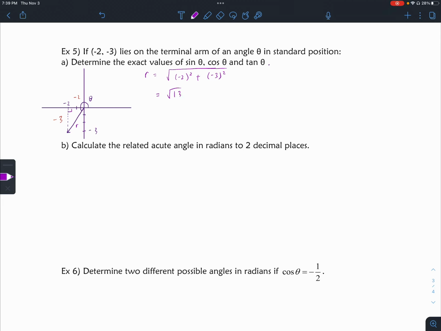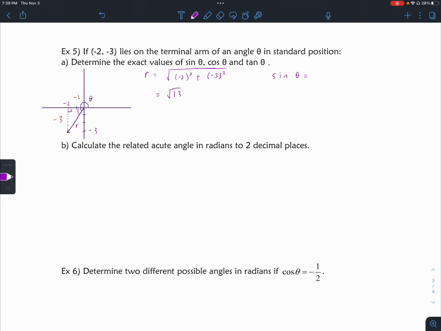Okay, so now we have all the side lengths for this triangle, and we can move on to finding the primary trig ratios, starting with sine. Sine theta is going to be opposite over hypotenuse, recalling we are using the related acute angle again.